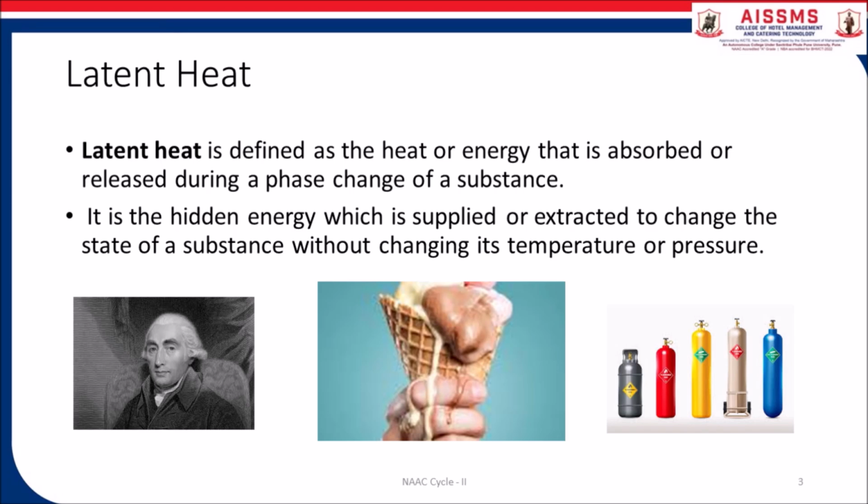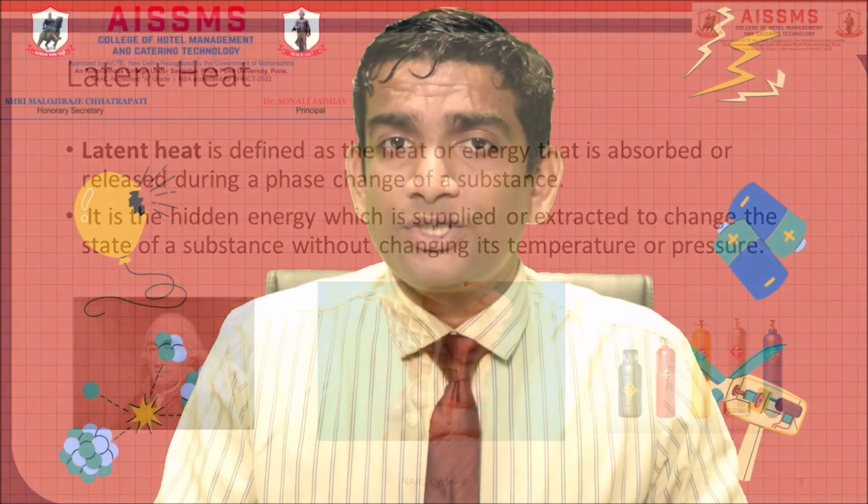It could either be from a gas to a liquid or a liquid to a solid state, and also vice versa. Latent heat is related to a heat property called enthalpy. Latent heat can be understood as the hidden energy which is supplied or extracted to change the state of a substance without changing its temperature or pressure.